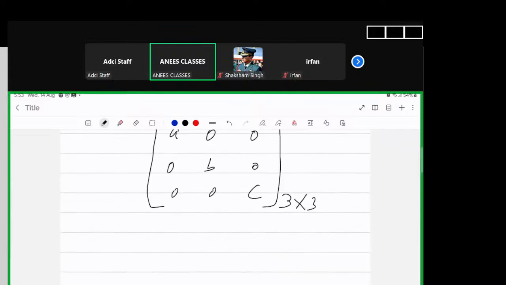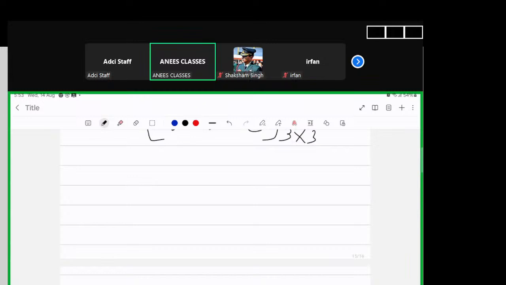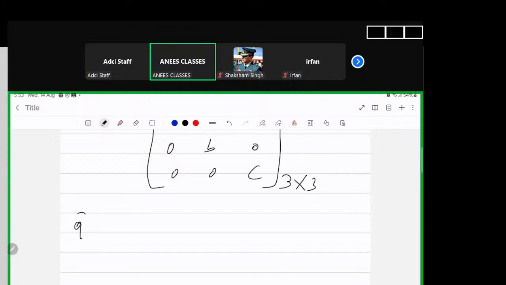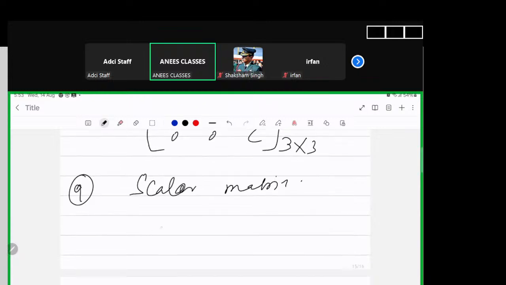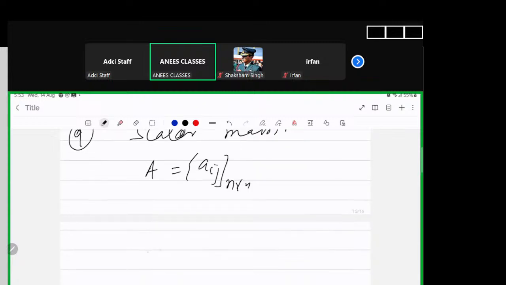Now after diagonal, you have another type, scalar. It will also be in square form. Aij, n cross n, Aij equal to 0 for i not equal to j, and equal to k, k not equal to 0, for i equal to j.